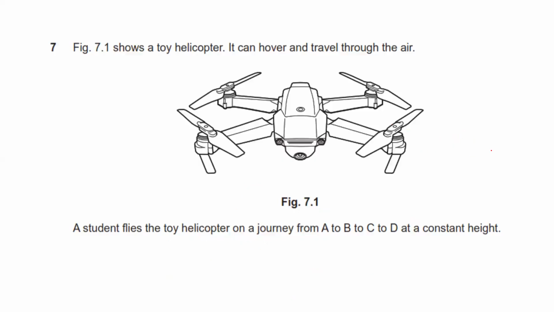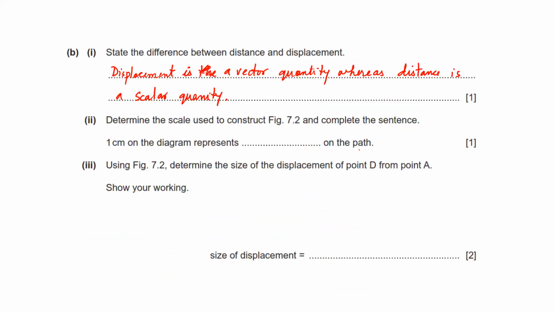So from the ruler, if you measure AB, it comes out to be X centimeters, and the actual AB is 10 meters. So X centimeters is 10 meters, so 1 centimeter will be 10 divided by X meters.